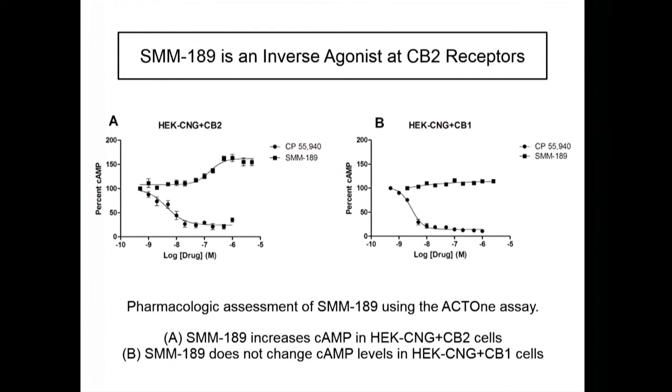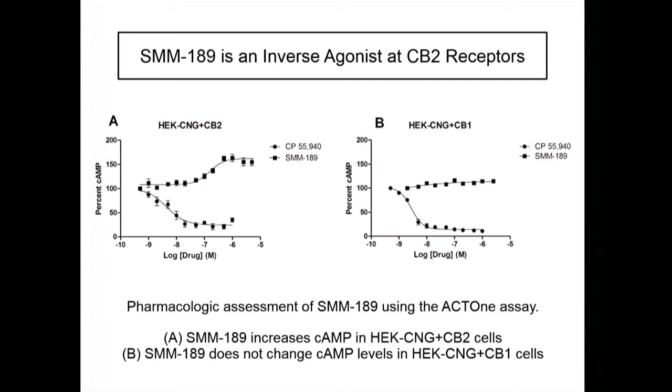Alrighty, now this is what inverse agonism looks like. This is an assay called the cyclic AMP reporter assay. A certain kind of cell line called HEK cells are transduced with this reporter construct that allows you to see how much cyclic AMP the HEK cells are making. You also then transduce the cells with either CB2 or CB1 receptors, and then you expose these different cultures to increasing concentrations of this broad spectrum CB1, CB2 receptor agonist, and you get what you expect.